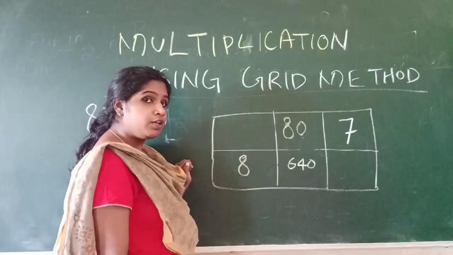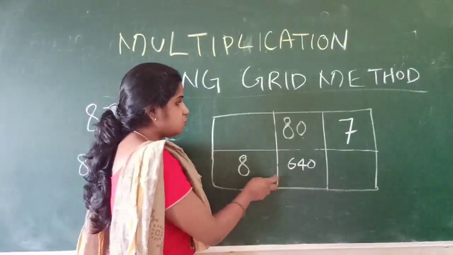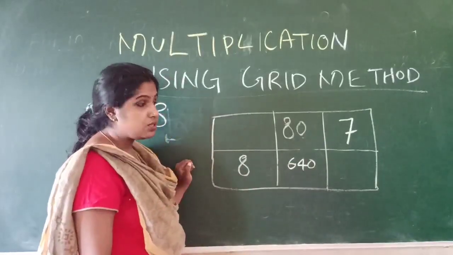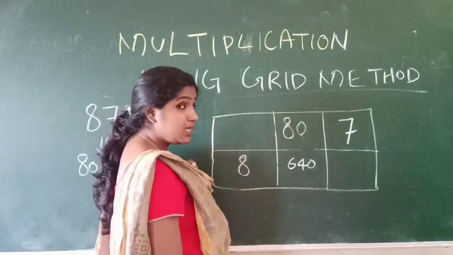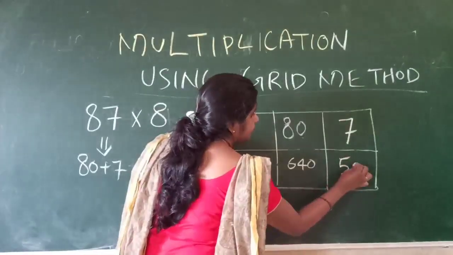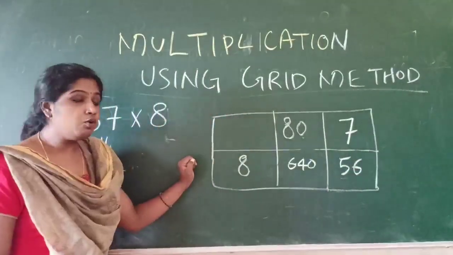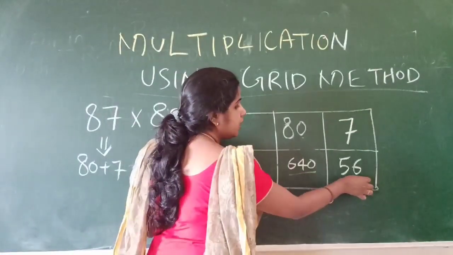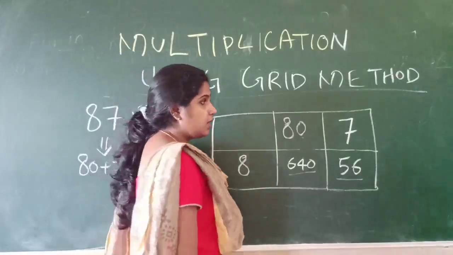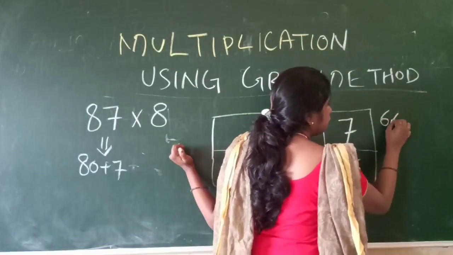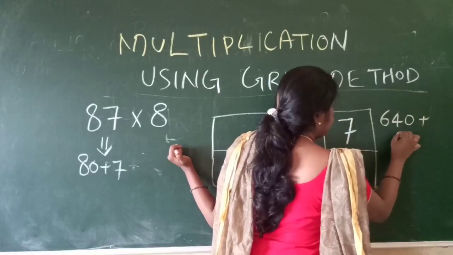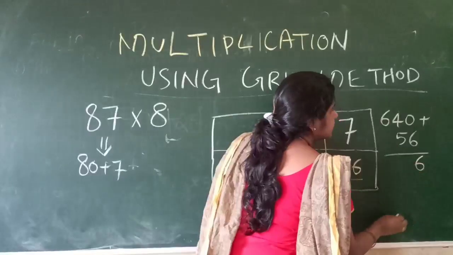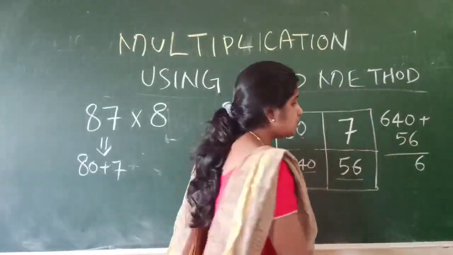Now what will we do? We will multiply this 8 with this 7. 8 into 7 is 56. Now we will add this 640 and this 56 together. 0 plus 6 is 6. 4 plus 5 is 9.